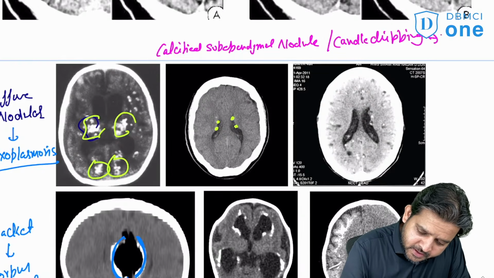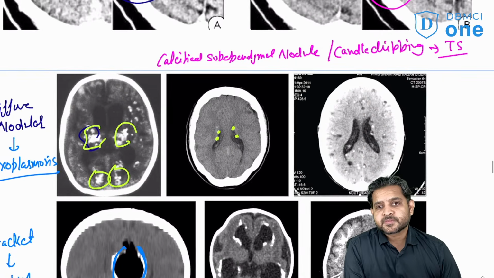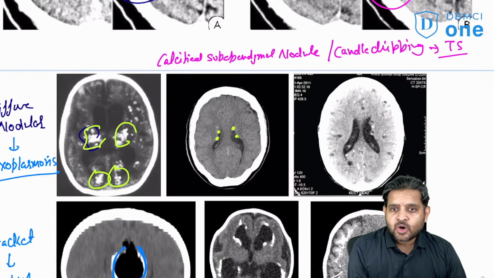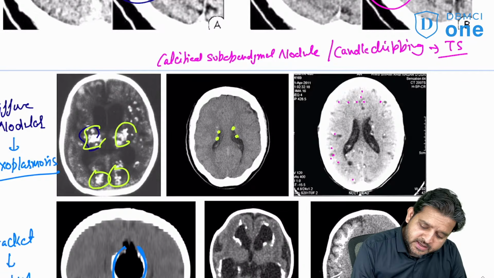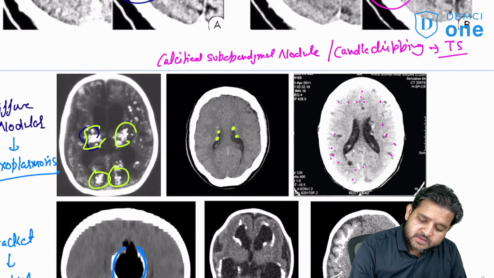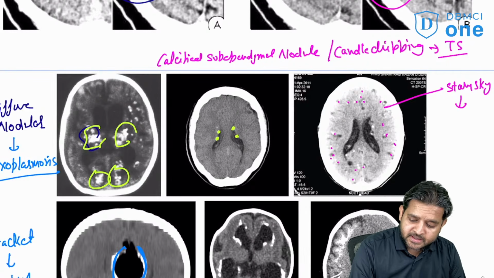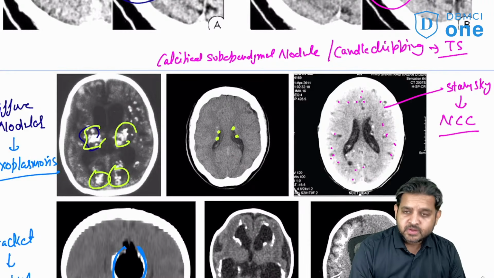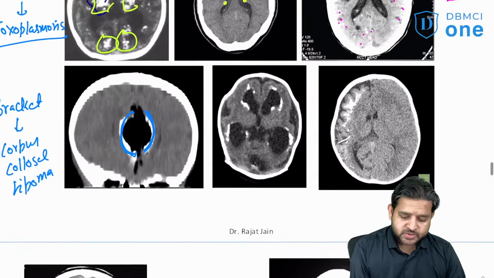Candle dripping appearance is a classical appearance of tuberous sclerosis. Whereas when you see small calcifications scattered in the brain, this is what is called starry sky pattern. A starry sky pattern is a feature of neurocysticercosis, right?